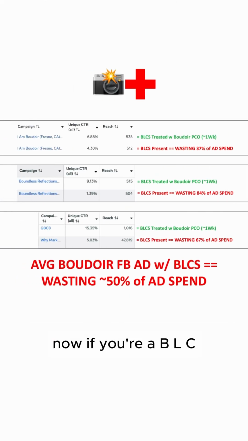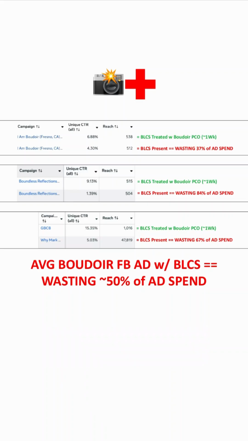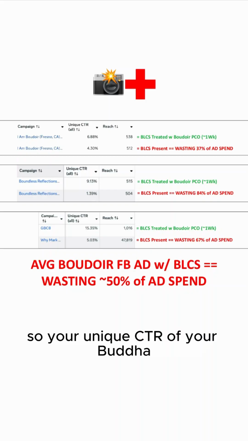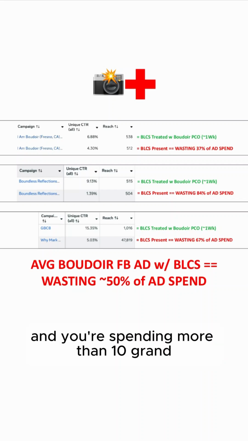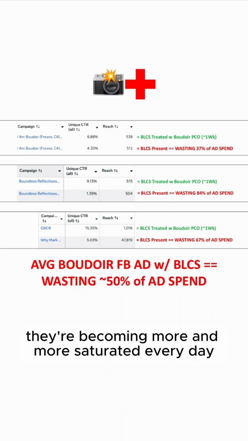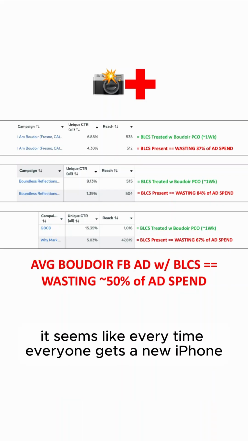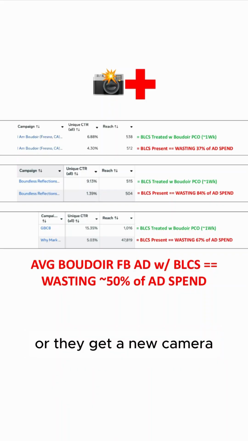Now, if you're a BLCA, a Boudoir low-click advertiser with BLCS, so your unique CTR on your Boudoir Facebook ads is under 6%, and you're spending more than 10 grand a month on Boudoir Facebook ads, and you've looked at the marketplace and you're seeing it become more and more saturated every day. It seems like anytime everyone gets a new iPhone, they turn on a Google My Business profile to say they offer Boudoir, or they get a new camera and post in the mom group saying they offer Boudoir.